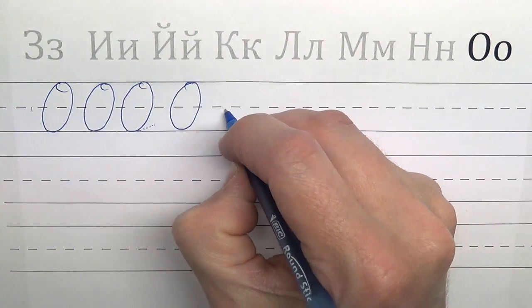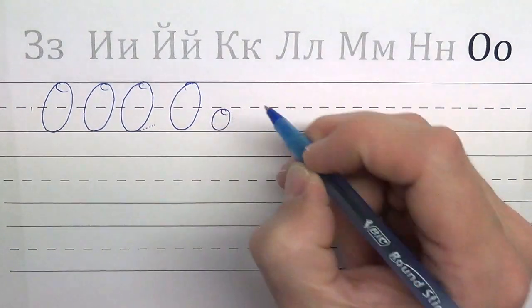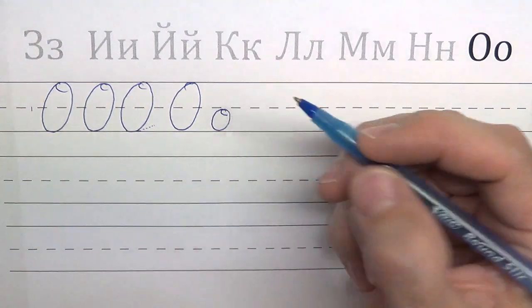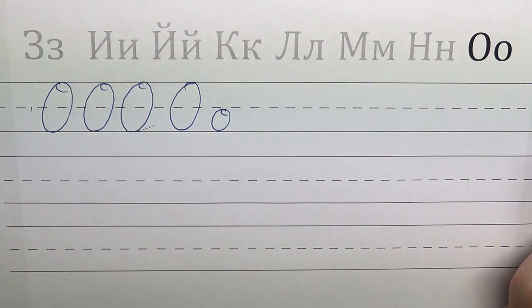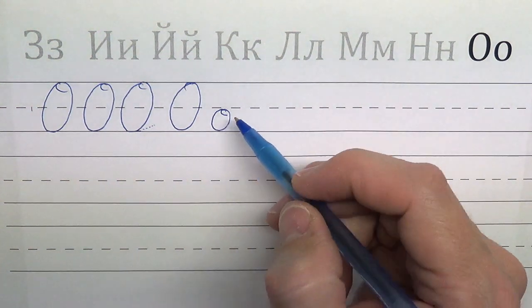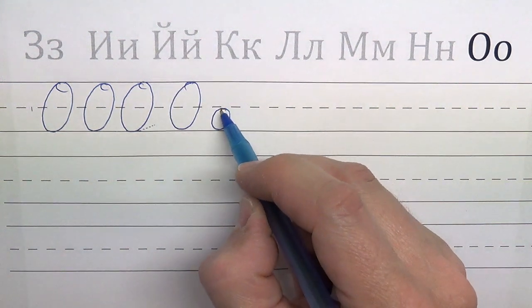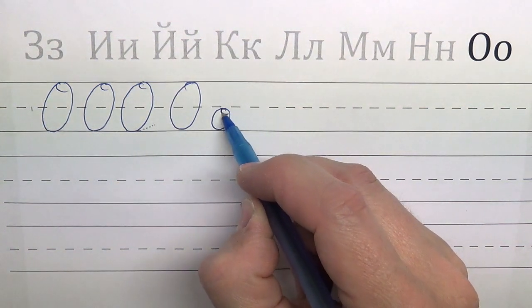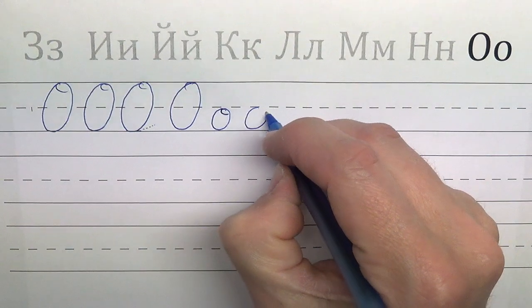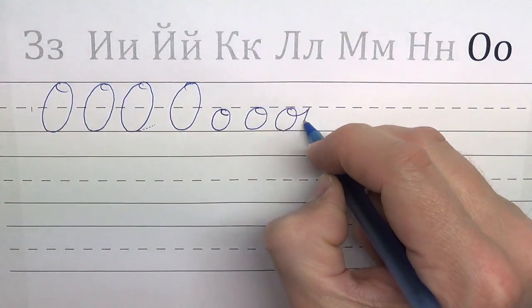Lowercase o is made just like the uppercase. In connecting, and if you've been watching some of the other segments here in this video presentation, you'll see that I've used O as an example of a high out connecting letter, such that this little stroke here is how you aim your connection.